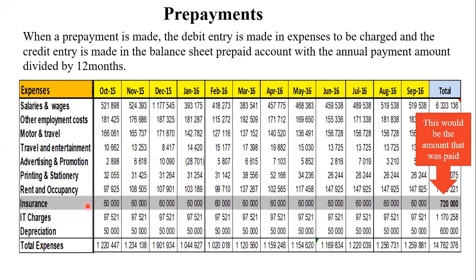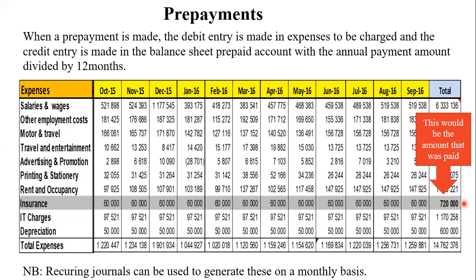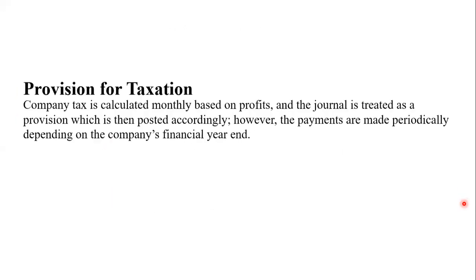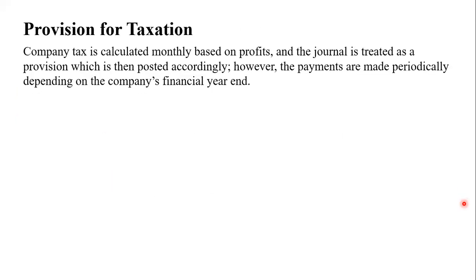It would have been paid in the beginning of the year, but expensed out over the entire year until it's depleted. And then the prepayment comes up again. And this is an easy transaction to record because most companies have recurring journals to generate these items.